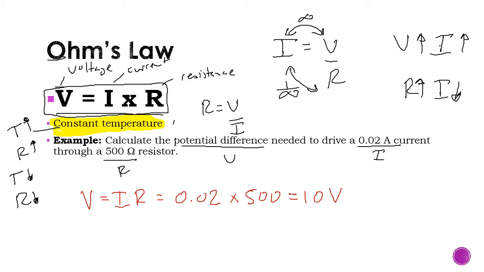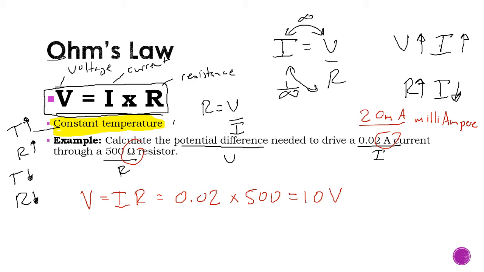Now, a couple of things I need you to notice. The current was in amperes, the resistance in ohms, and the voltage came out in volts. What if I change the current and give it to you in milliamperes? It would look something like this. It would say 20 mA. mA is short for milliampere. I can't use this as it is.